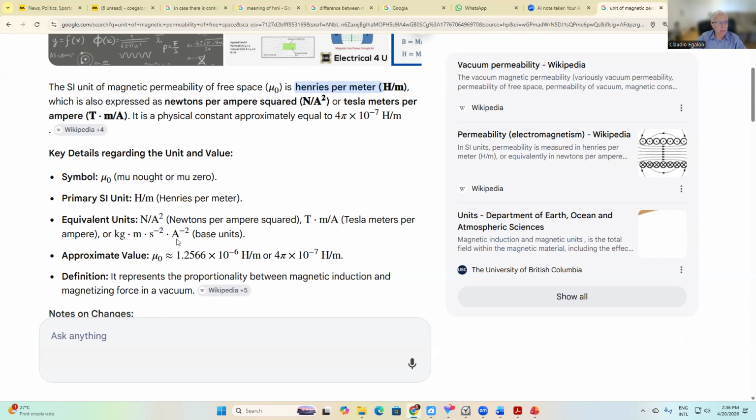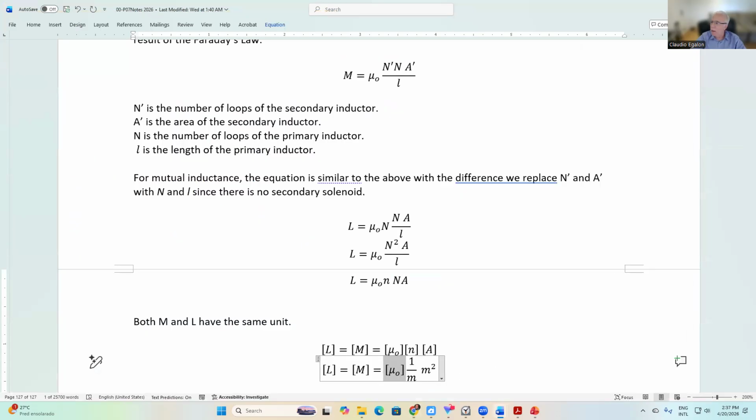You can go even further and change the ampere to coulomb per second, but let's stick to Newton per ampere squared.